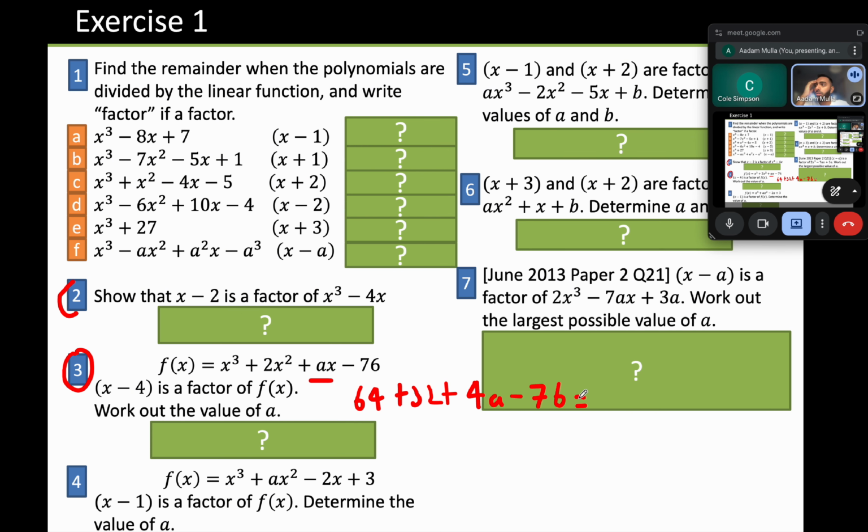What's it equal to? What does a equal to? Because it's a factor, what would it be equal to? This left-hand side. Zero. Yeah, 0. And now you can solve it.